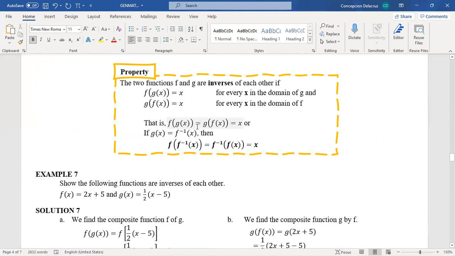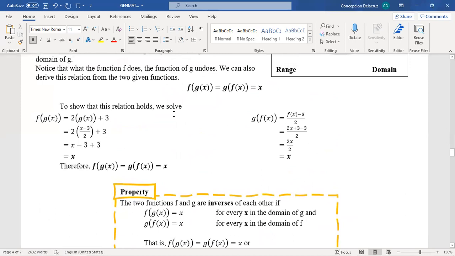So if f of g of x is equal to g of f of x is equal to x, or if g of x is equal to f inverse of x, then f of f inverse of x is equal to f inverse of f of x is equal to x.